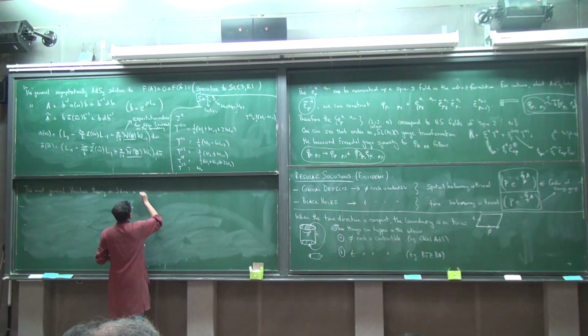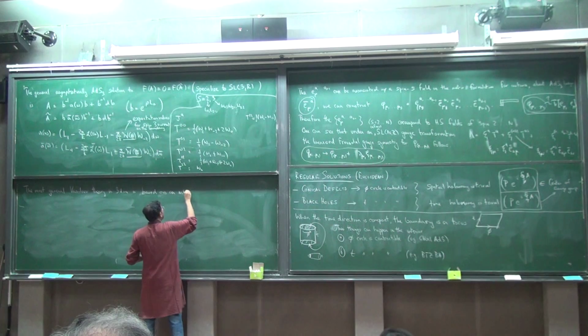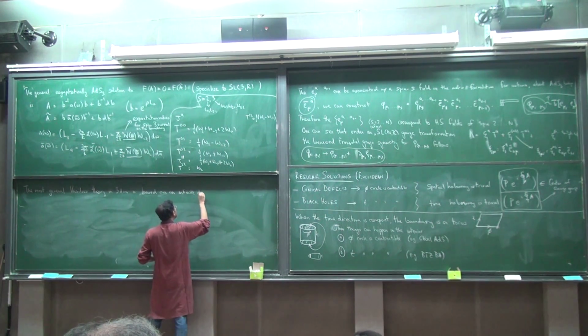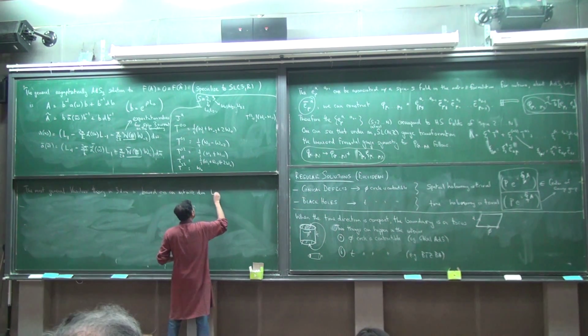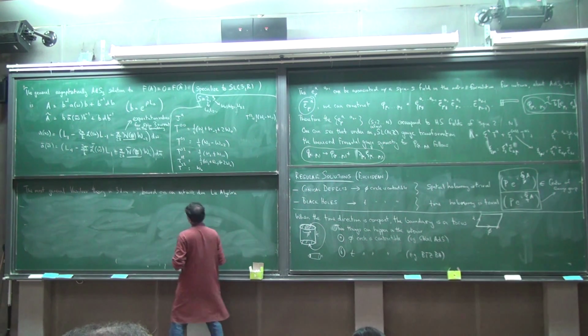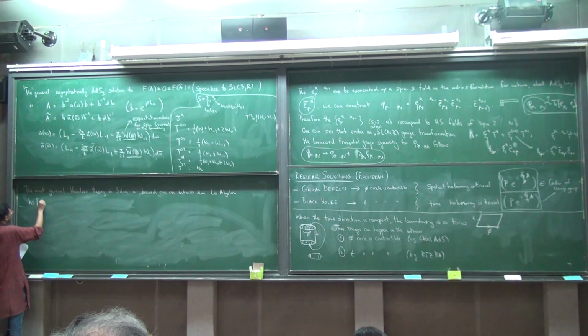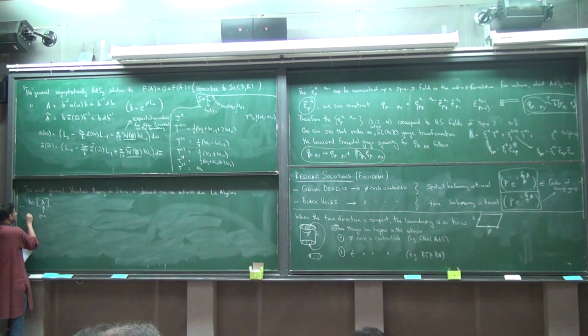It's based on an infinite dimensional Lie algebra, which is called HS lambda. There's a parameter lambda, which you normally take to be a real parameter.